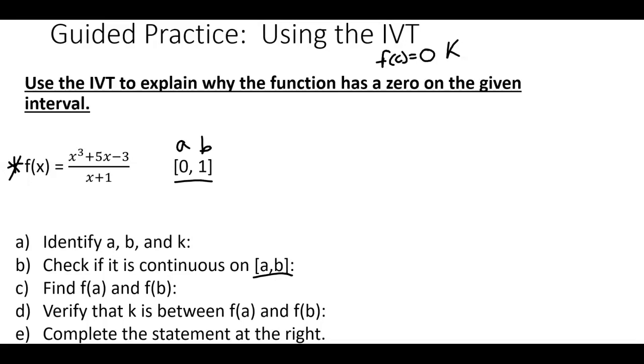All right, well, what we've learned is that with rational functions, anything that makes the denominator equal 0 is a discontinuity. So this function has a discontinuity at x equals -1.